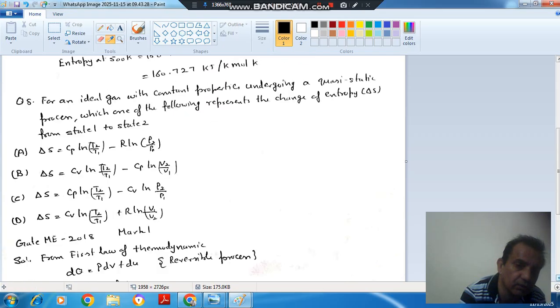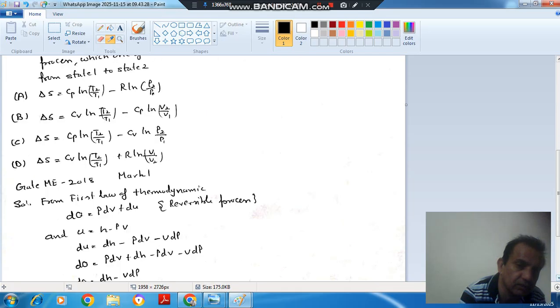So here, according to the first law of thermodynamics, dq is equal to du plus pdv, and we know that enthalpy h is equal to u plus pv. So differentiating, du will be equal to dh minus pdv minus vdp. Okay.